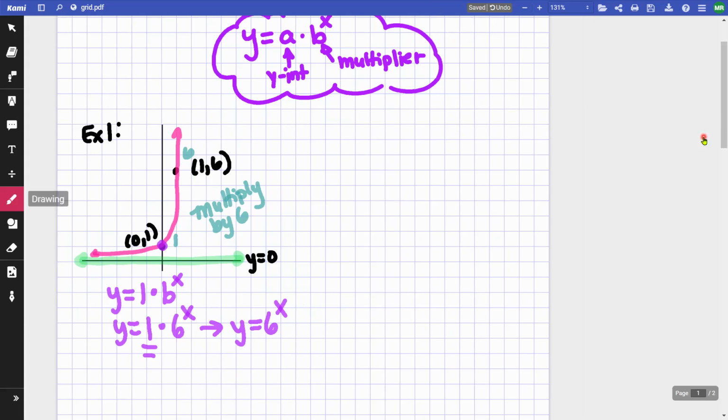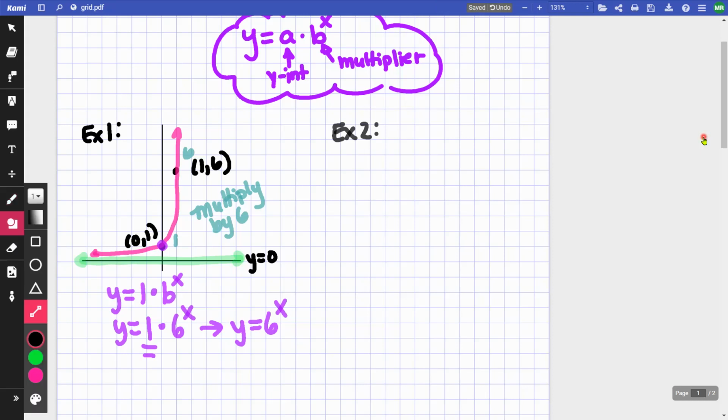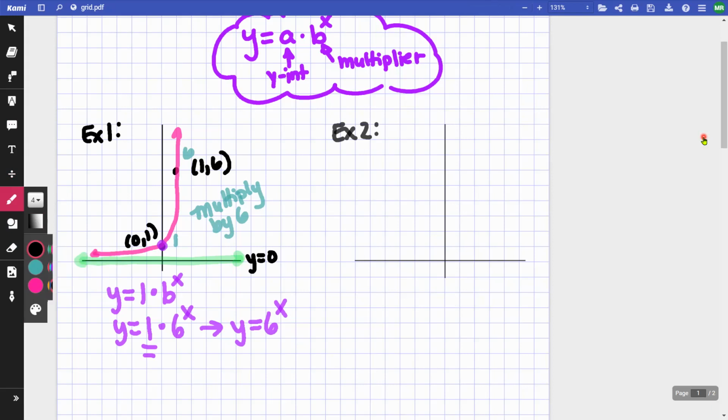Now, let's do a second one like this. Let's say, for example, 2. Again, let me draw my graph. Let's say that we have a point at -1, 4. 1, 2, 3, 4. So I have a point at -1, 4. And let's say we have a point also at 0, 1.